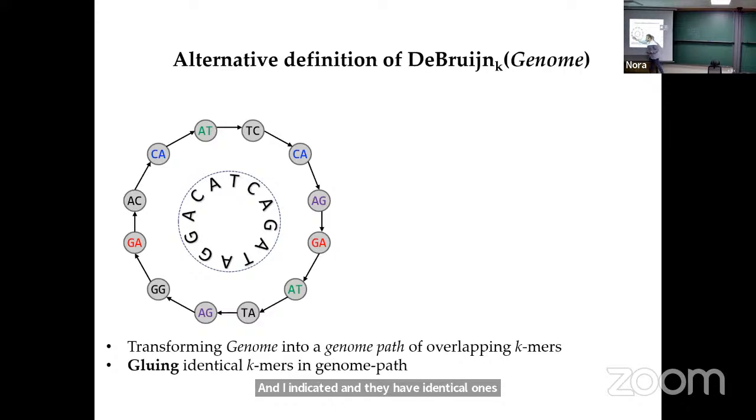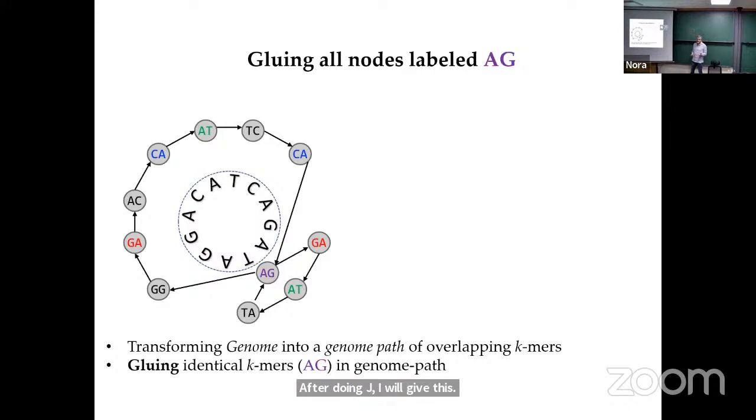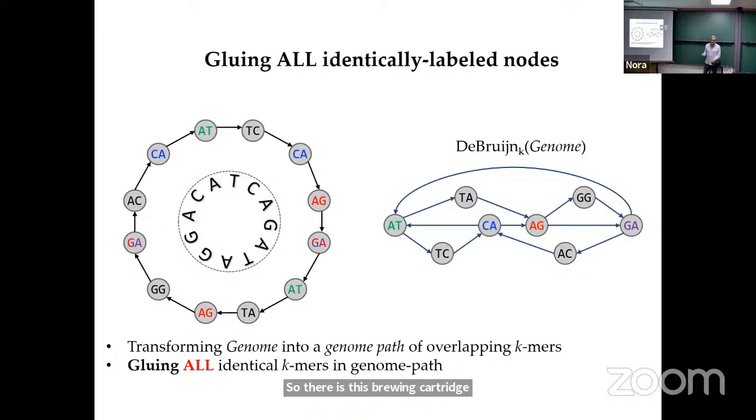I'm gluing identically labeled nodes. After gluing AG, I will get this. What will I get after gluing all identical k minus 1 mers? There are many more, like I need to glue this and this. So there is this gluing operation, and I will get exactly what I showed before. So these are different levels.